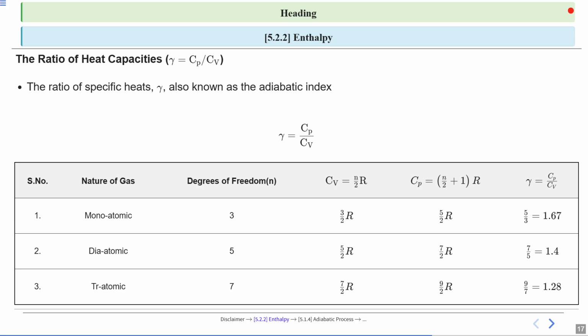Now the greatest gamma value is for the monoatomic, then comes the diatomic, and lastly comes the triatomic. So these are very, very important relations. Questions may be asked from here, and this ratio may be directly asked in the question for the case of mono, di and tri.